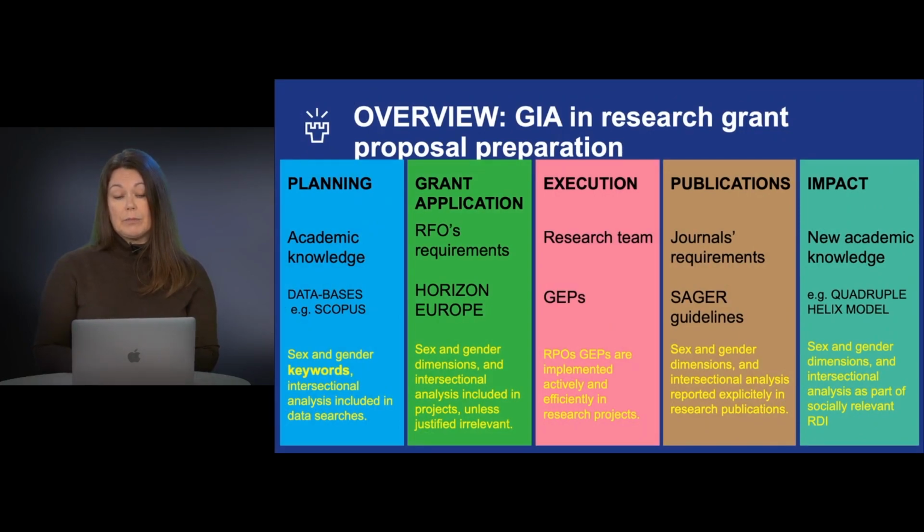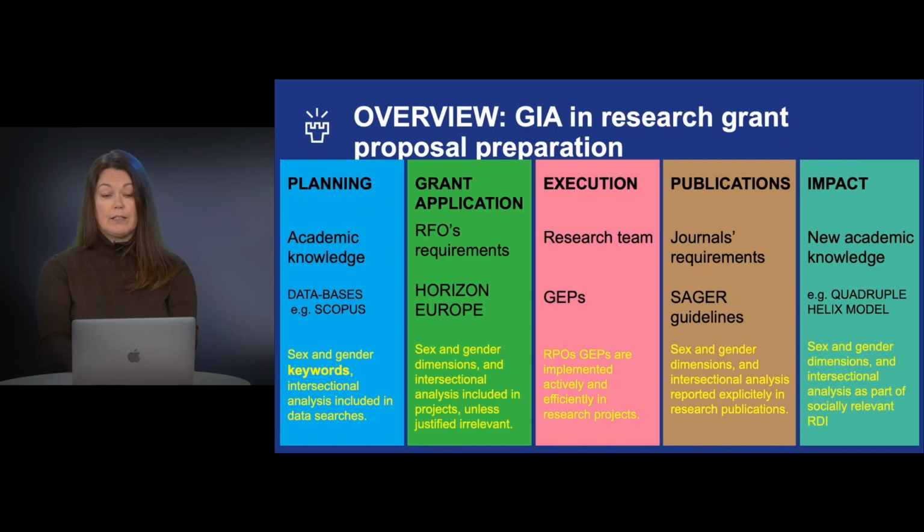In grant application preparation phase, research funding organizations' requirements are important. And here Horizon Europe demands that applicants should explicate how and what kind of role sex and gender do play in research content. And if researchers see that they don't play any role, sex and gender does not have anything to do with the research, they should also justify why this is the case.